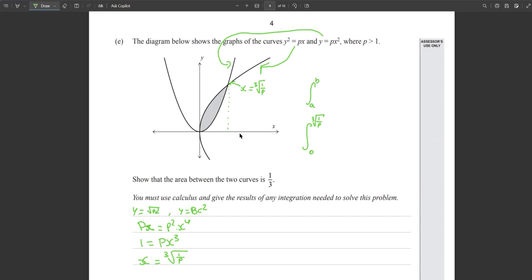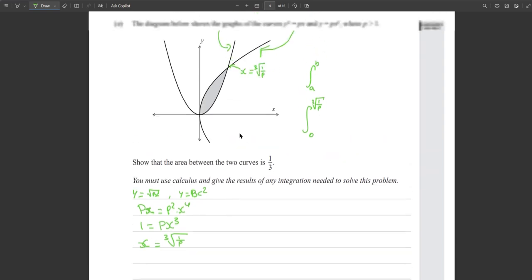If we integrate this y squared function, we will find this entire area, but if you integrate this quadratic, you will find this area here. Therefore, if you subtract the two areas, you will find this shaded region here.